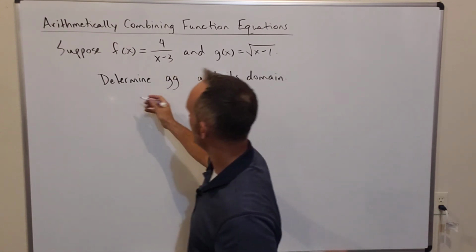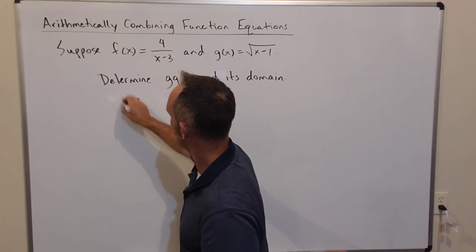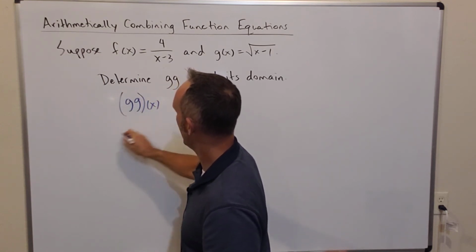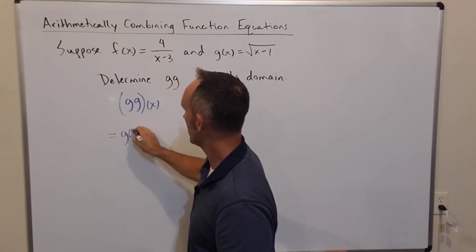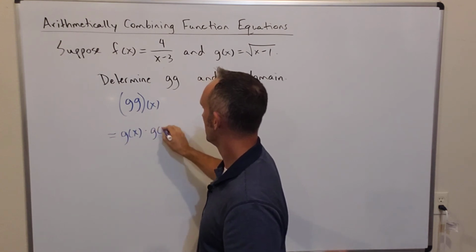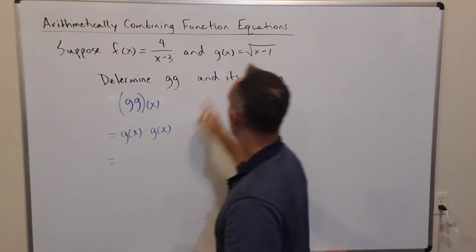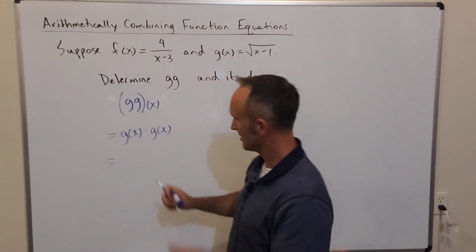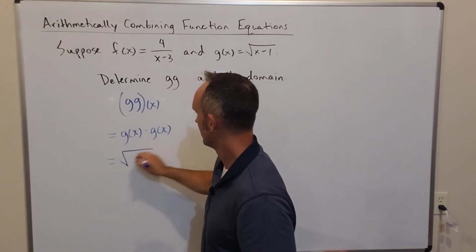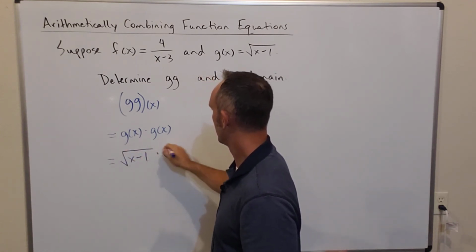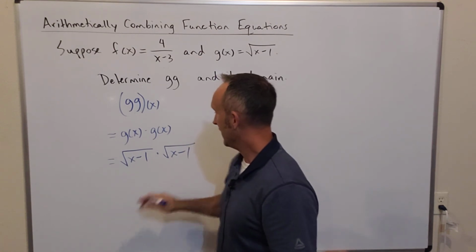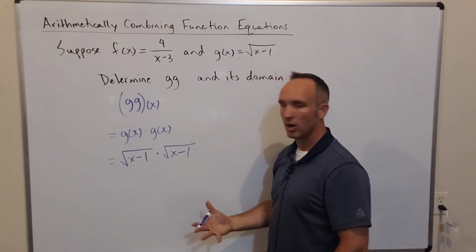So we're looking at gg, which is g times g of x, which is defined as g of x times g of x, which is the square root of x minus 1 times itself.